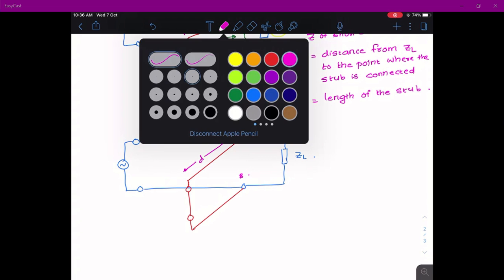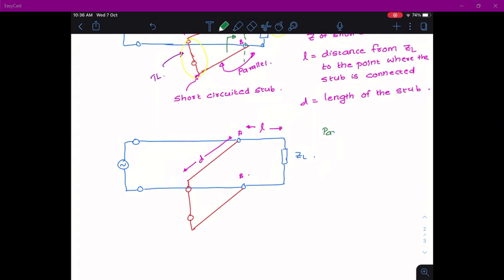So, any parallel connections, any parallel impedance means you deal with admittance, because for parallel connections, the net admittance is the sum of individual admittance.